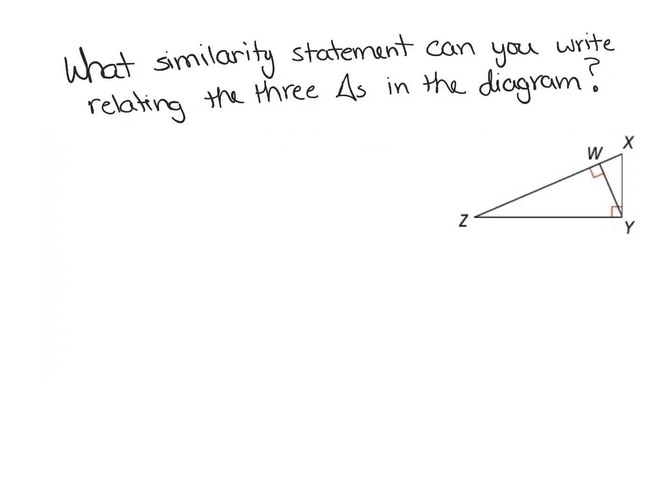Okay, so it wants us here to write the similarity statement based on the triangle that we have. There will end up being three triangles. First, you have your big triangle, which in this case would be ZYX, and Y is where our 90-degree angle is.